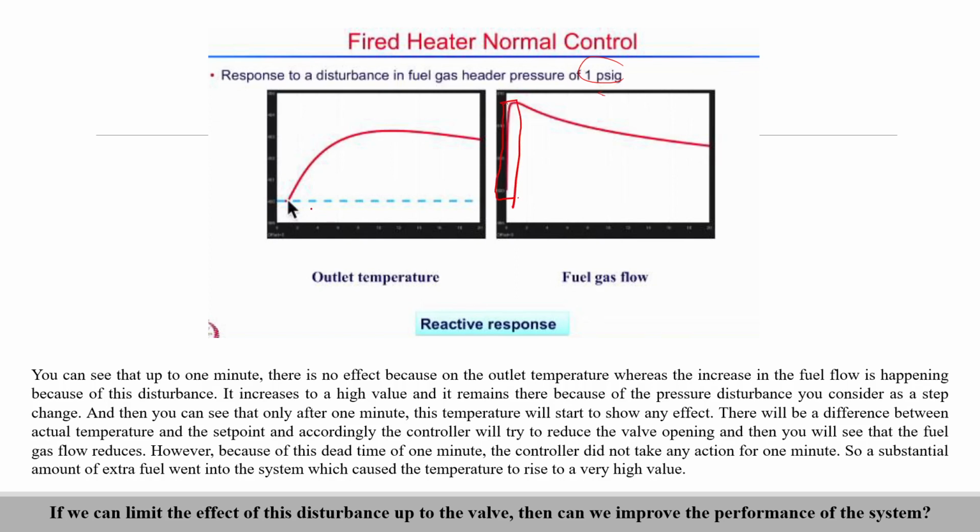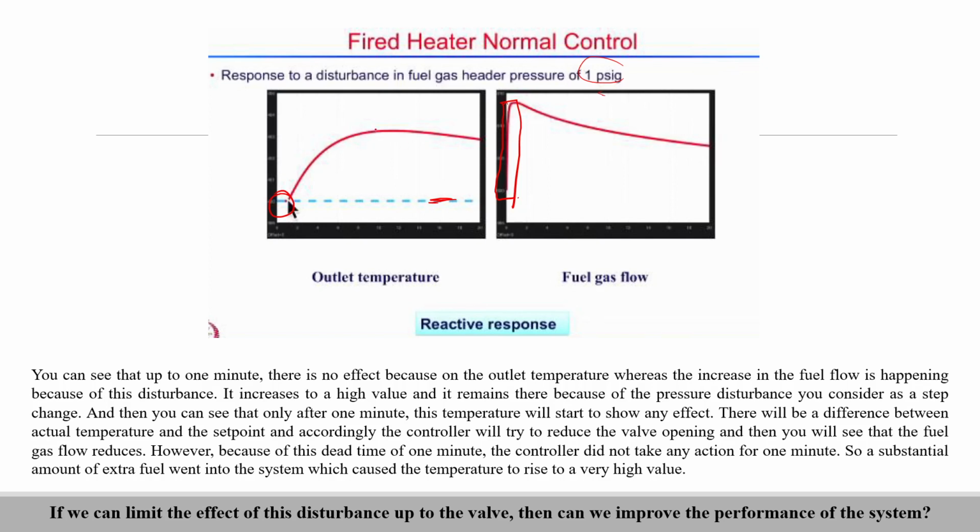So let's say the response over here, you can see that the temperature of the system will remain at steady state till 1 minute, and the effect of this increase in the fuel gas flow rate will be felt only after 1 minute. After the effect is felt, the temperature will increase, and once the temperature starts increasing, the flow will be regulated such that it maintains the temperature set point.